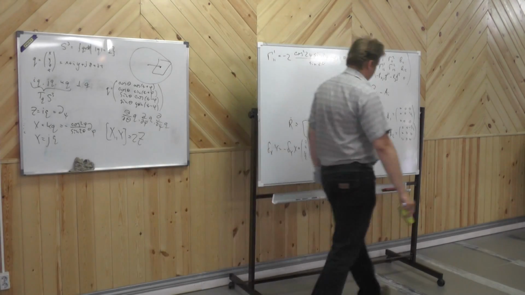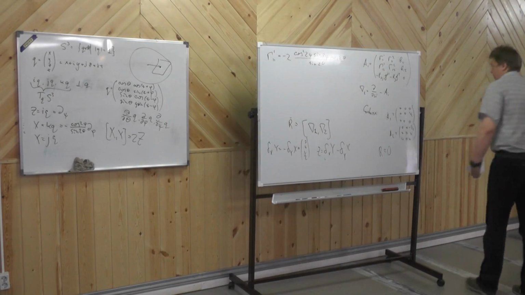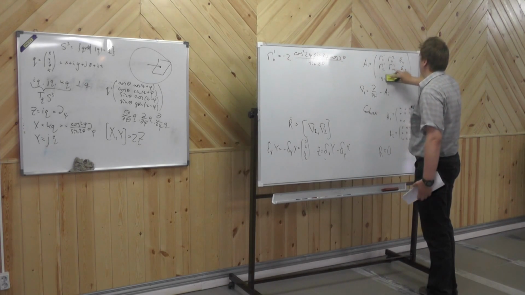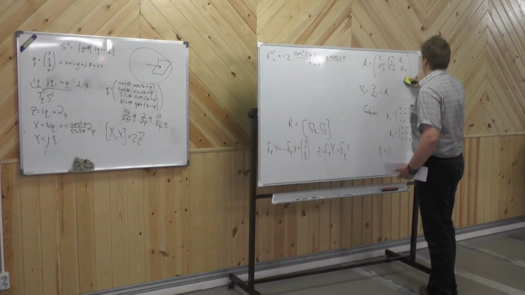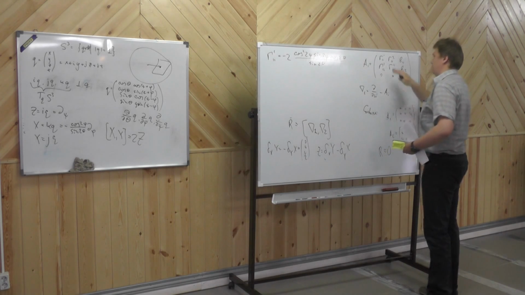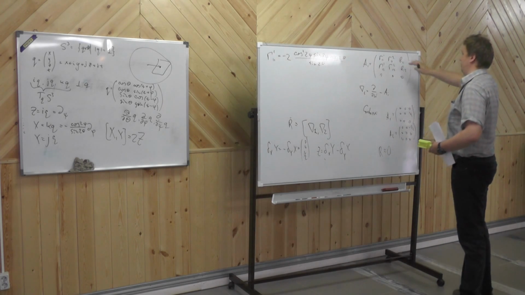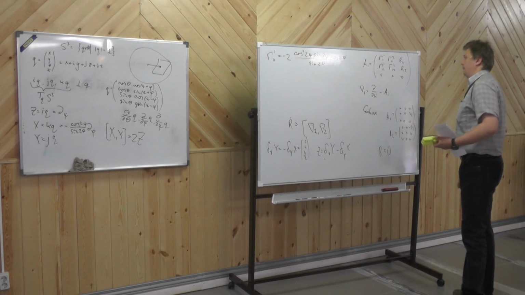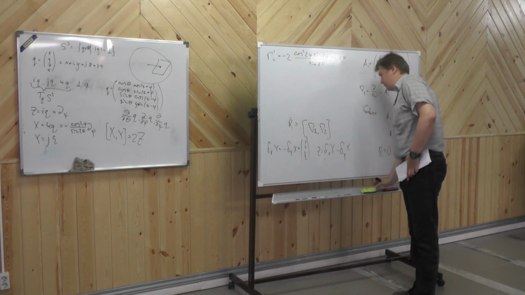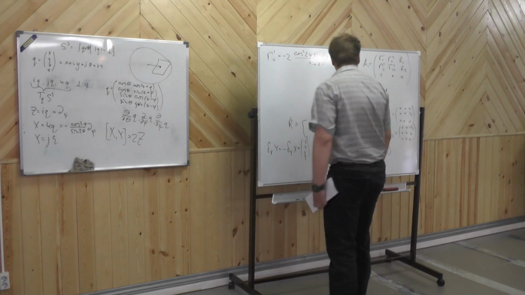They won't be symmetric, so it won't be a quadratic form. And the last line will be just 0, 0, 0, 0. These are all components that depend on psi and theta through trigonometric functions.